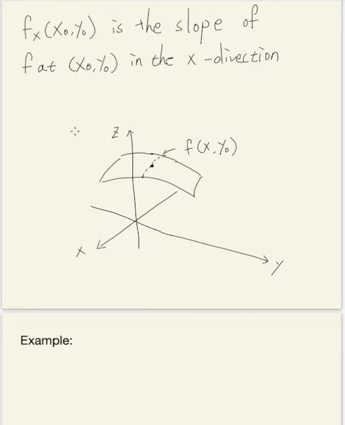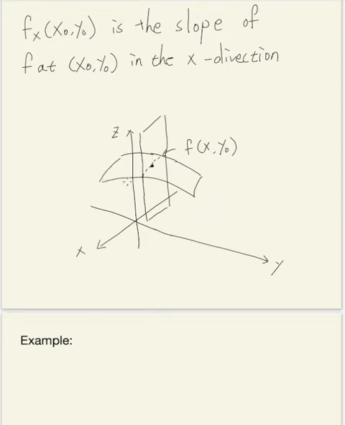Geometrically, this curve is the intersection of the surface that we have and the surface that's parallel to the xz plane.